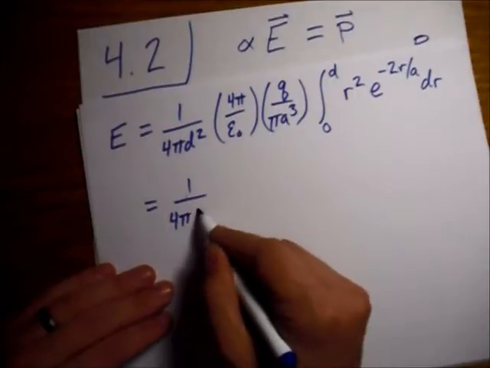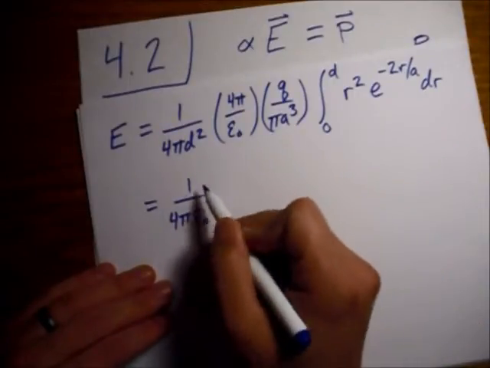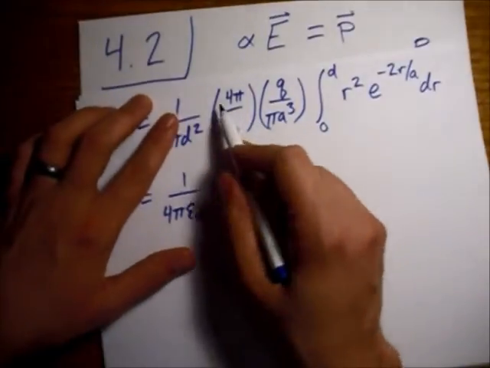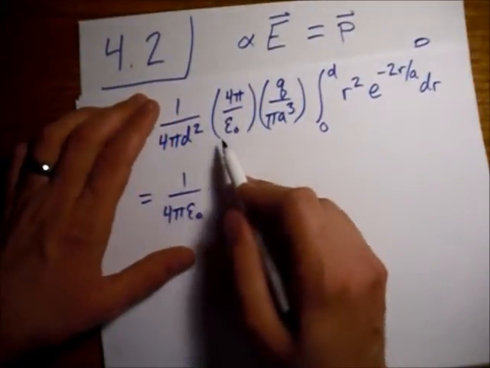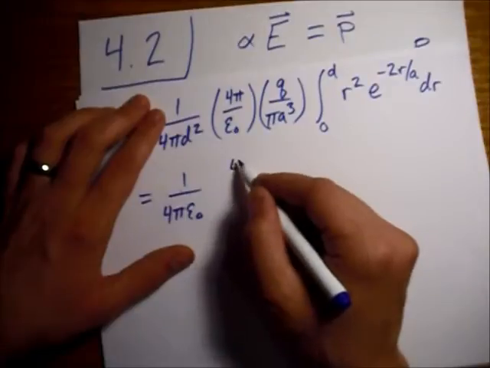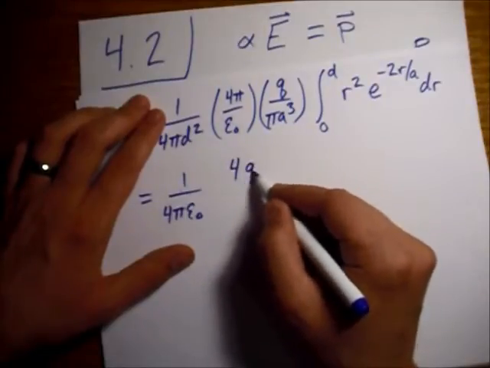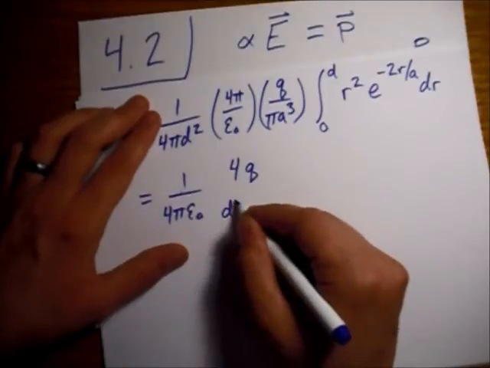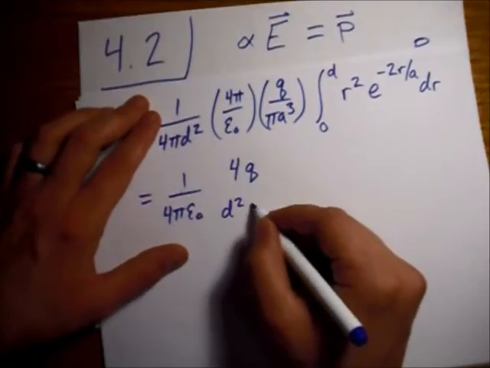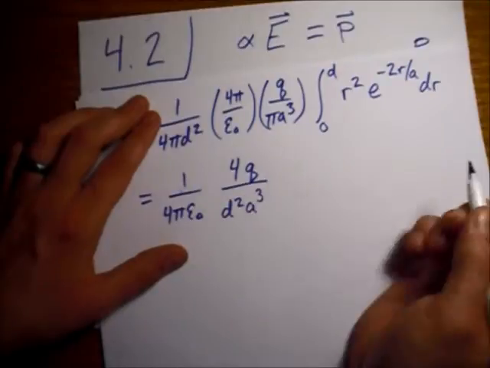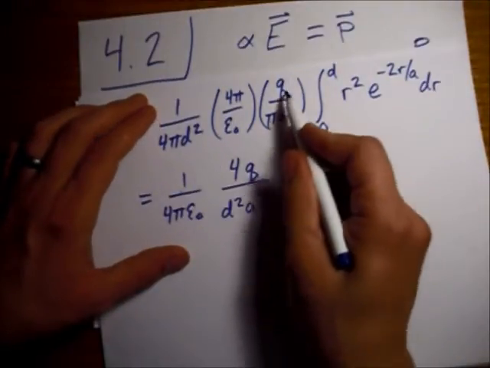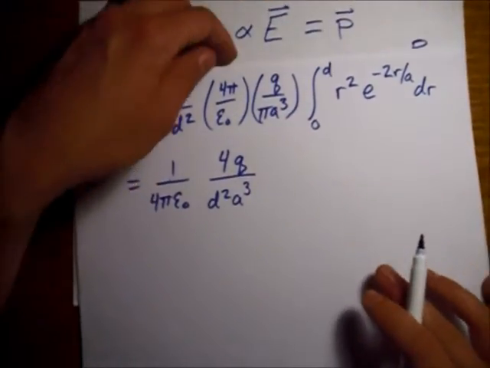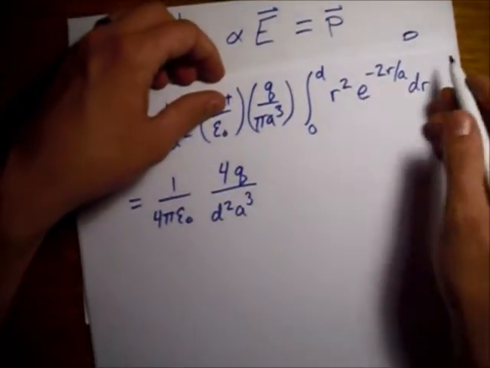I'm going to keep a 4 pi epsilon naught out front. That leaves a 4q, and then we have d squared a cubed. I think I did that right. And then we have our integral here.